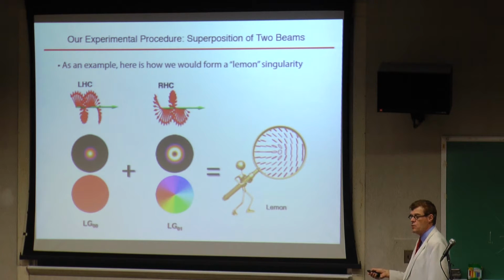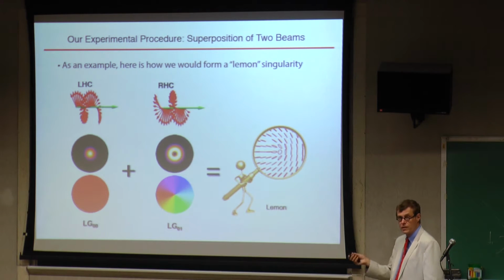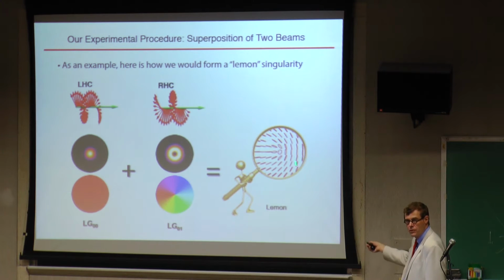So how do we form a beam of light that will have this structure? Well, there's something that people in polarization vortices call a lemon type structure. It has this type of polarization structure. This is the very center of the beam.